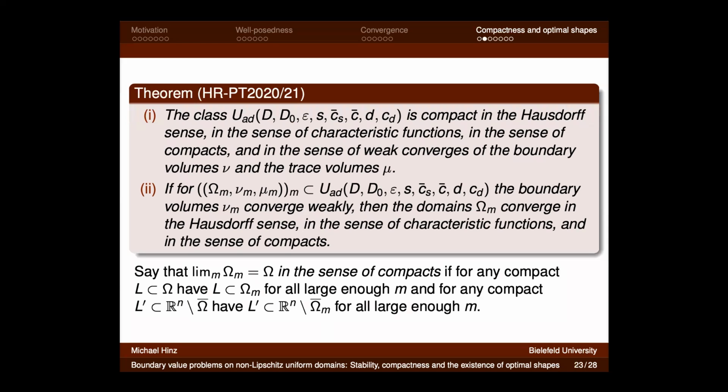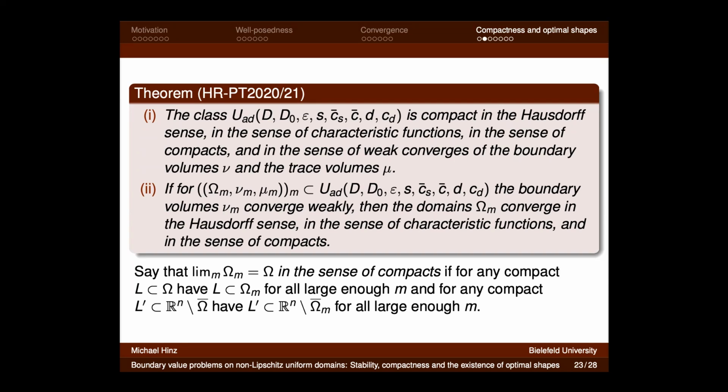Now, what happens is that one can prove compactness. This class is compact in the sense of convergence in the Hausdorff sense, in the sense of convergence of characteristic functions, in the sense of convergence of compacts, which is yet another typical type of convergence employed also in classical approaches to shape optimization. And also in the sense of weak convergence of the measures nu and also the measures mu.